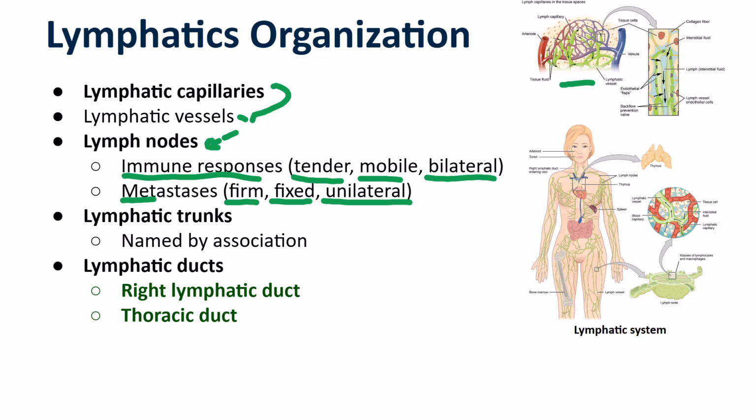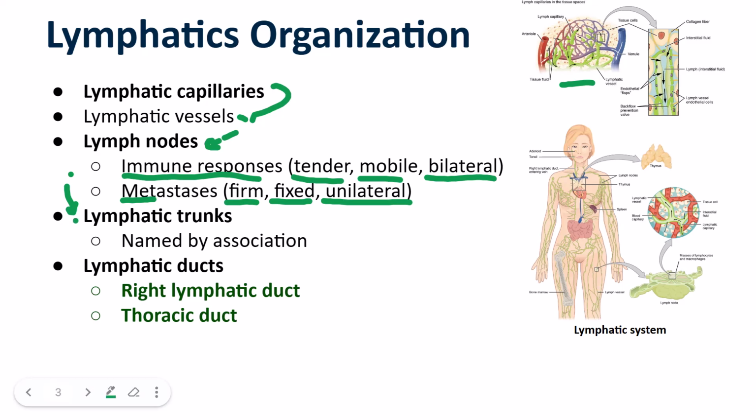Now, as vessels conduct through lymph nodes, they are going to coalesce into lymphatic trunks. Lymphatic trunks are oftentimes named by their association with other anatomical structures. So, for instance, there might be superficial and deep cervical nodes that are of the neck.